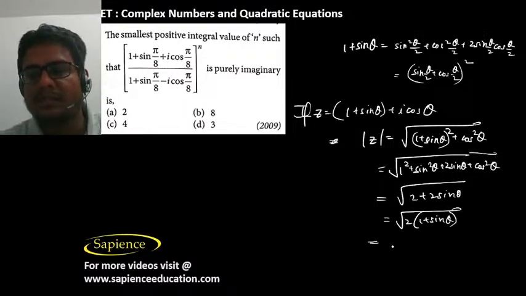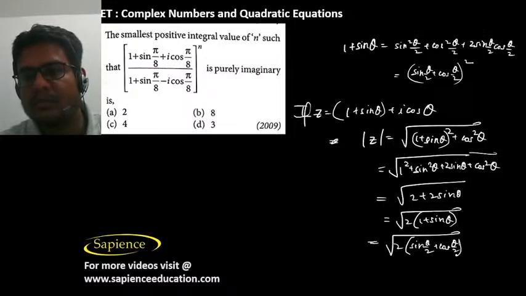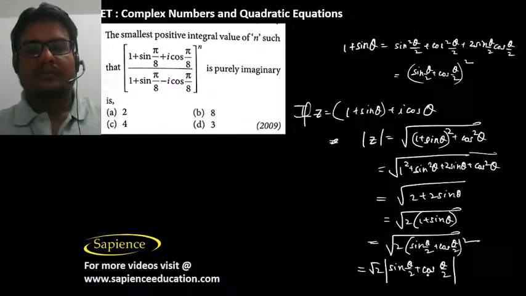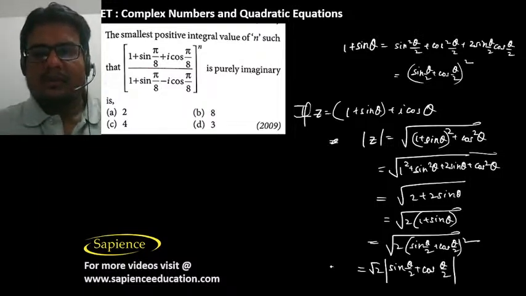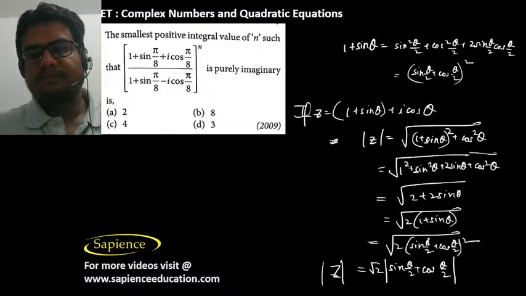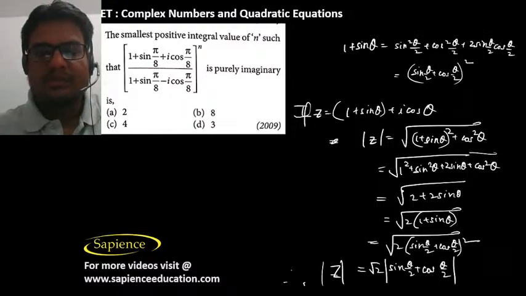Now 1 plus sine theta can be written as 2 into (sine theta by 2 plus cos theta by 2) whole square. So this will be root 2 into the mod of sine theta by 2 plus cos theta by 2. This can be written as mod z. Mod z will be this.